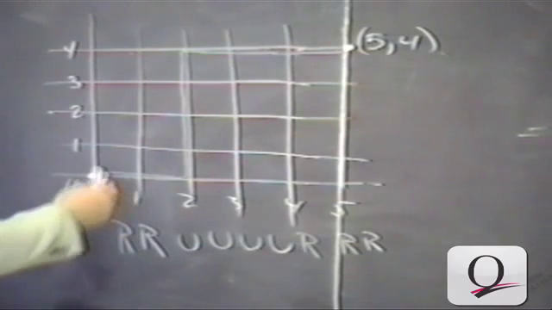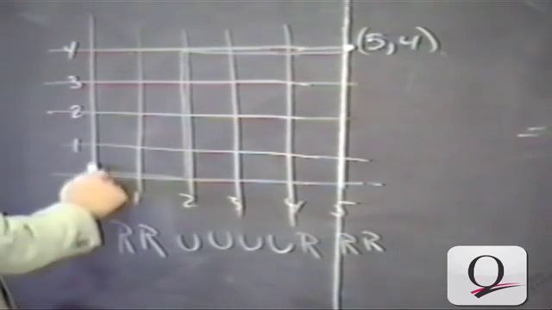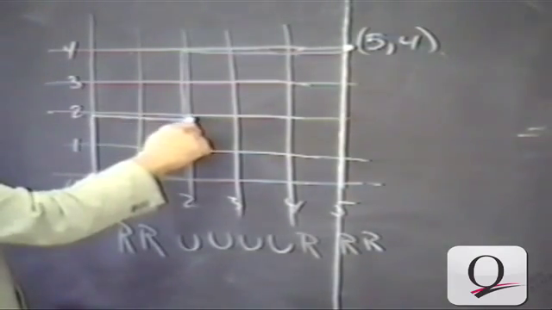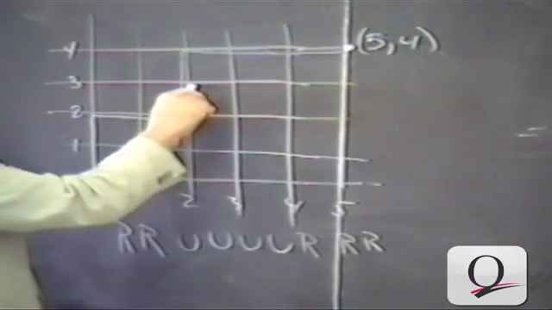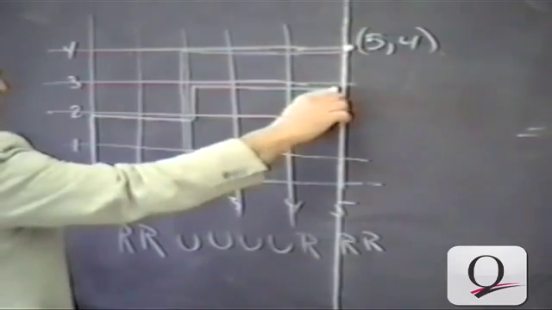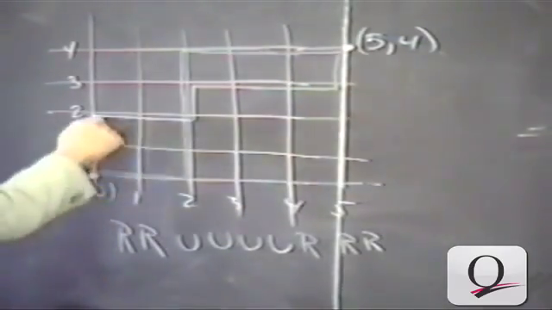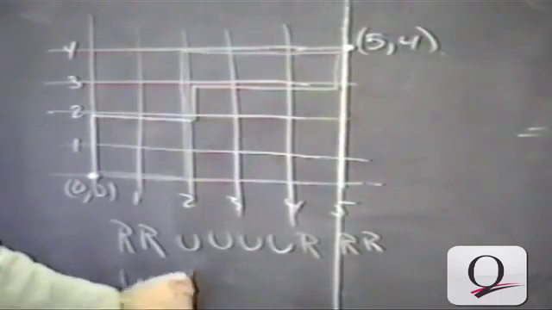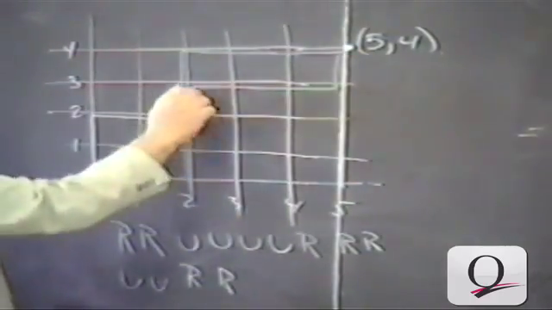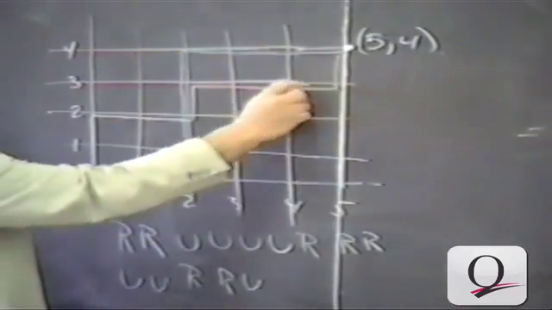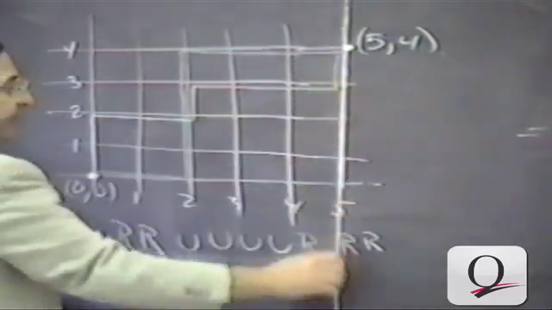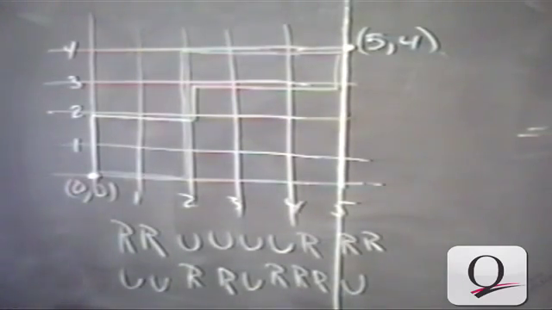Or you could go, let's say, up 2 blocks, to the right 2 blocks, up 1, to the right 3, and then up another. In that case, you would be going up, up, right, right, up, right, right, right, up. And so on and so on.